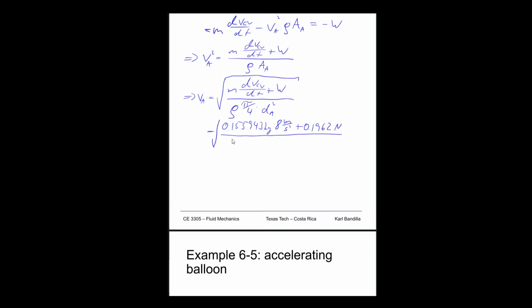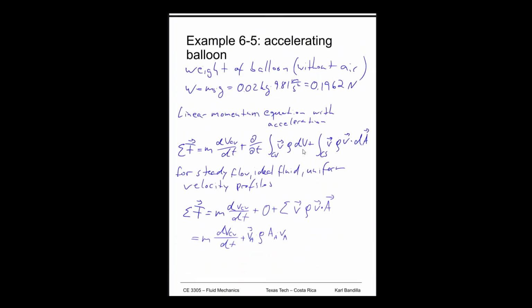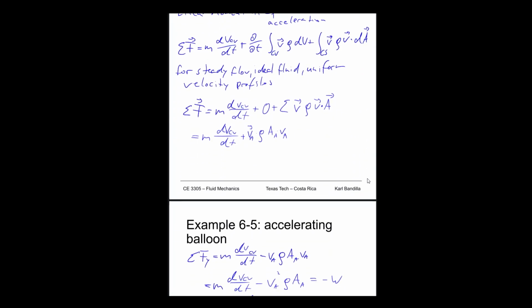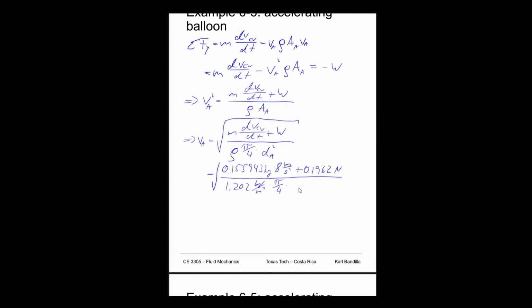We divide that by 1.202 kilograms per cubic meter times pi over 4 times the diameter, which is 5 millimeters, 0.005 meters, and that's squared.